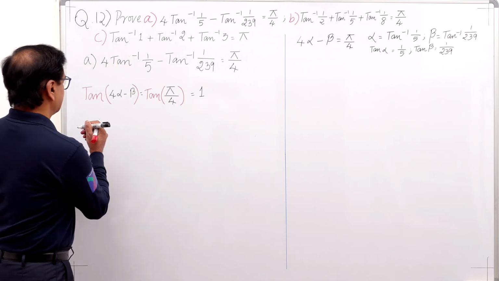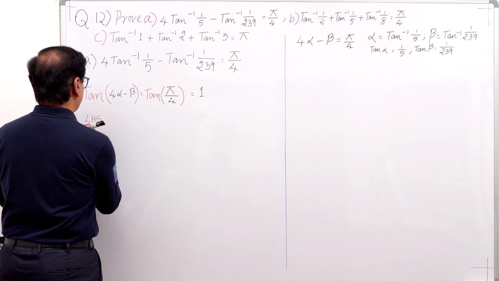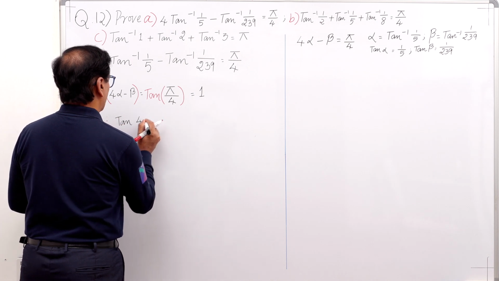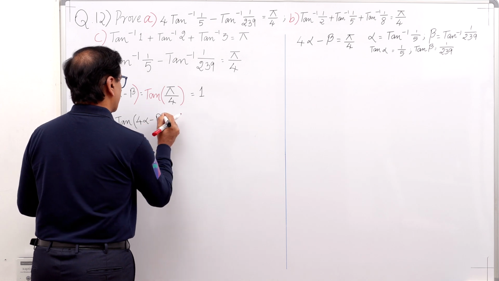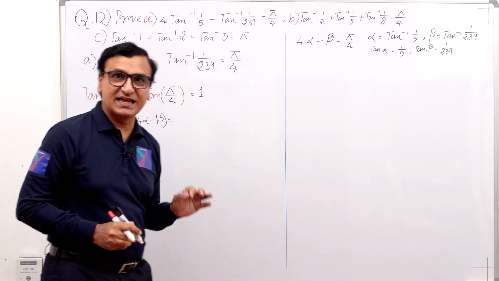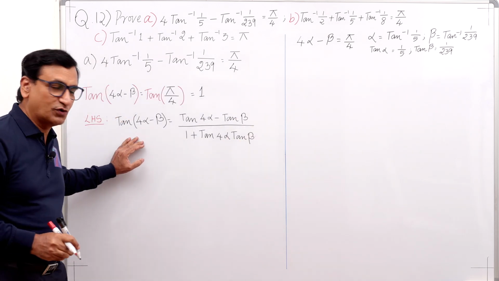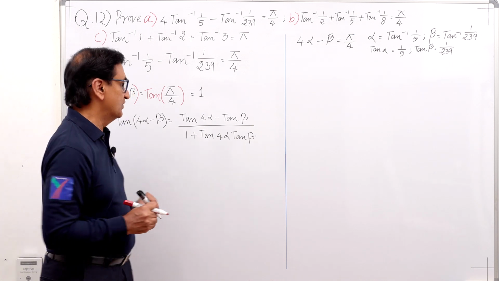Let's start with LHS. So what we have in LHS? LHS we have tan of 4 alpha minus beta. Okay? And I'm going to use the tan A minus B formula. So I have written tan of 4 alpha minus beta in this form using the tan A minus B formula.